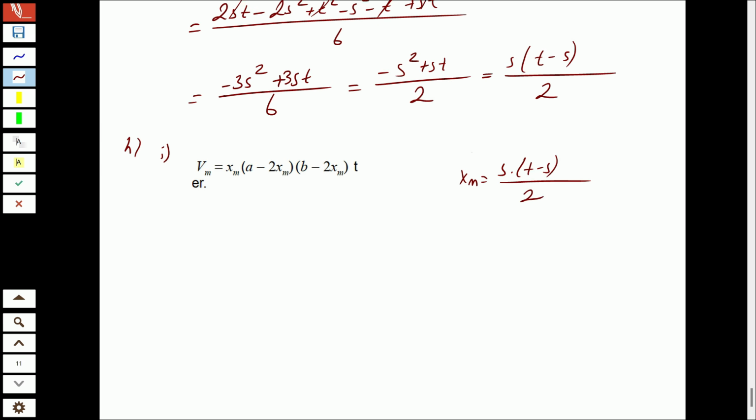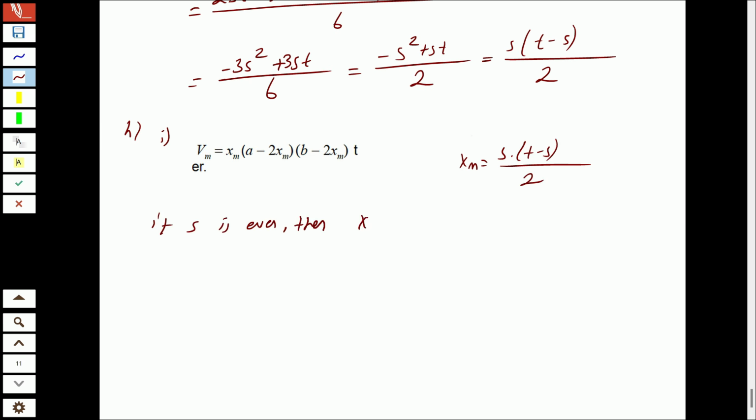If s is even, then x sub m is an integer, because here is even, and it can be cancelled with 2. In this case, x sub m will be an integer. Therefore v sub m is an integer.